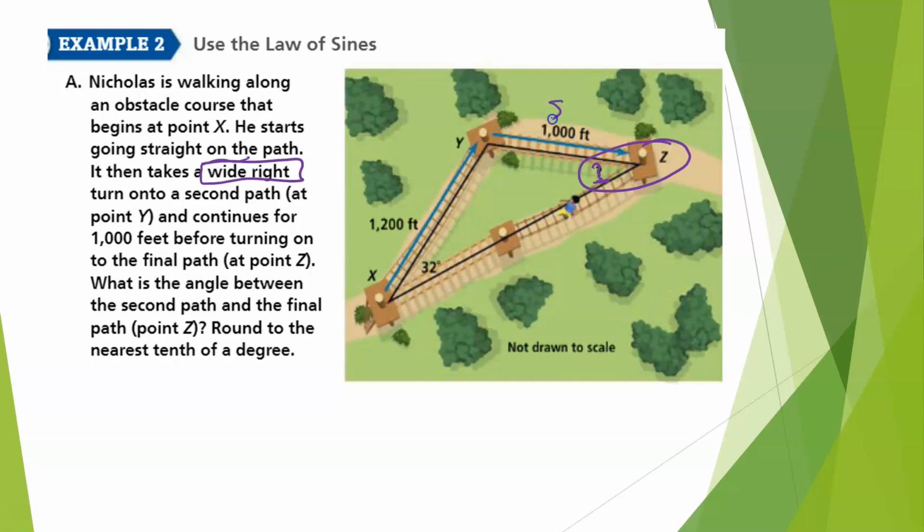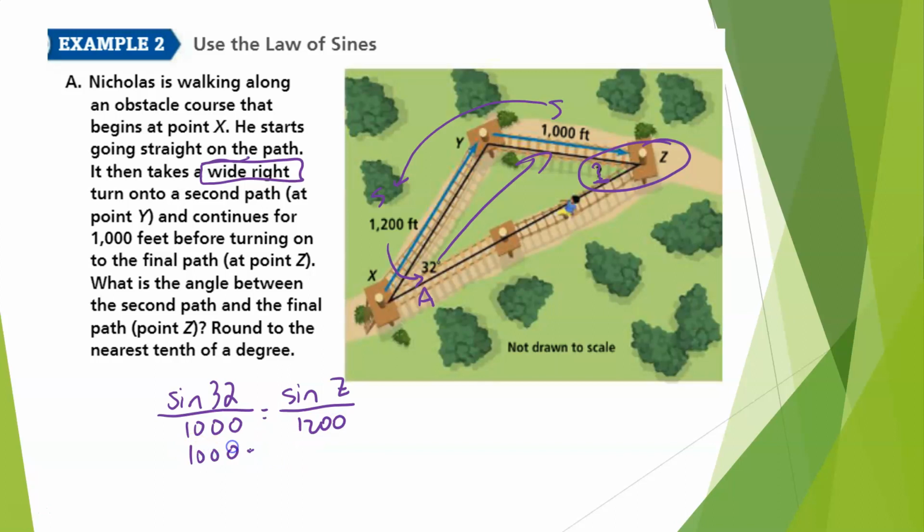Well, we are given side, side, angle, which means I'm using the law of sines, but it also means that it is the ambiguous case. Okay, so in order to do this, I would find my law of sines. So I would do sine of 32 over 1,000 equals sine of Z over 1,200.